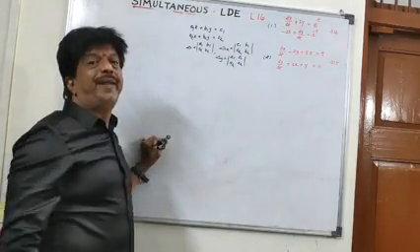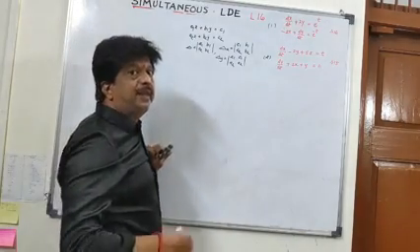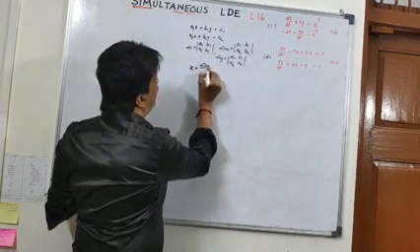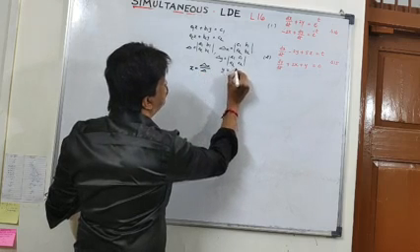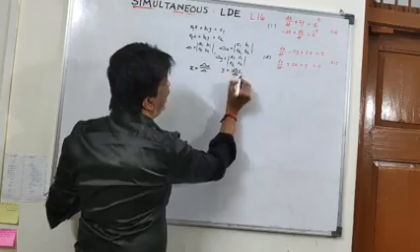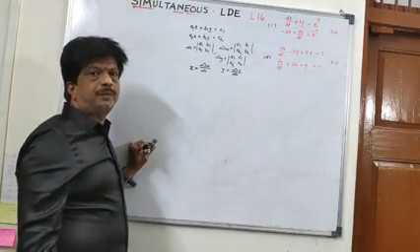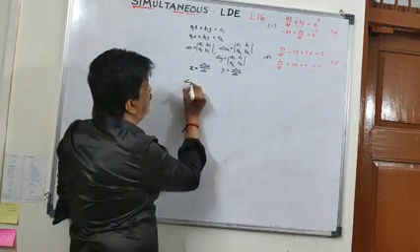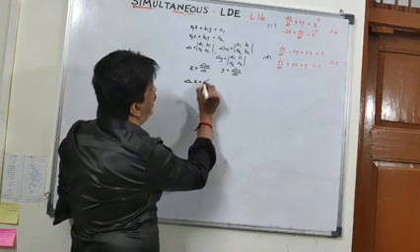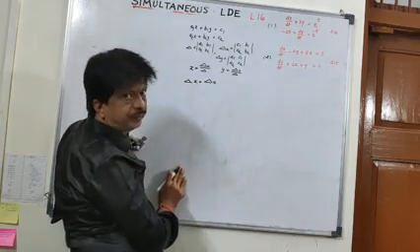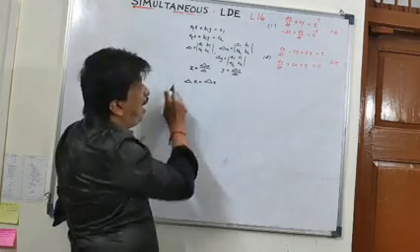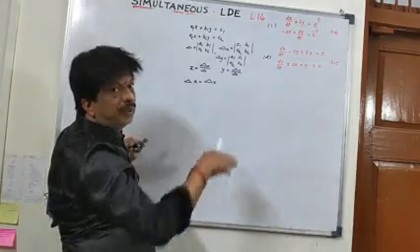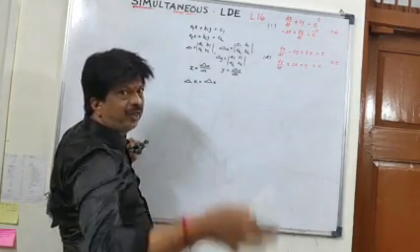Then Cramer's method says that x is equal to delta x by delta and y is equal to delta y by delta. In other words, delta into x is equal to delta x. This short formula I am going to use while solving two different systems of linear differential equations.